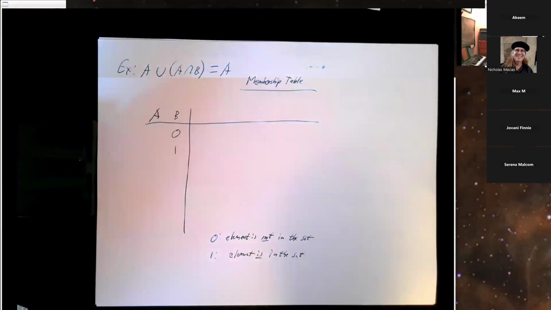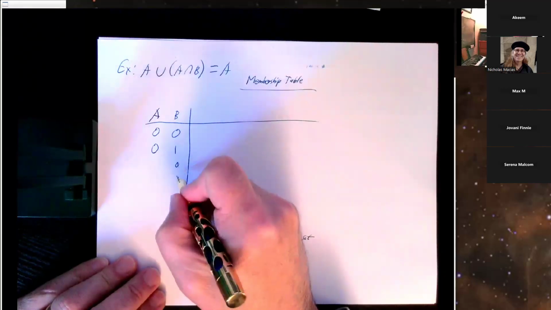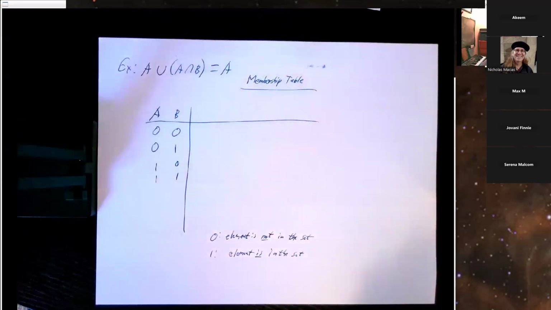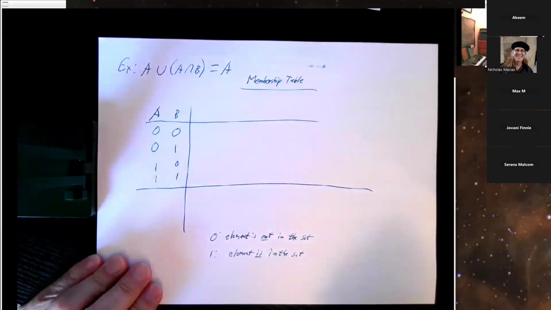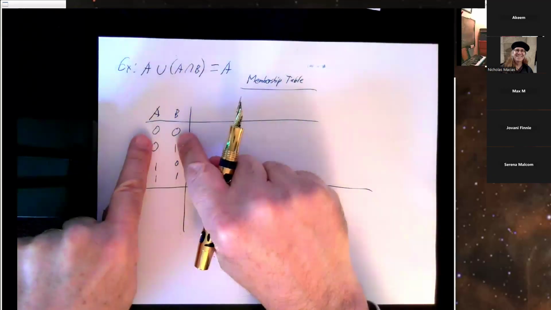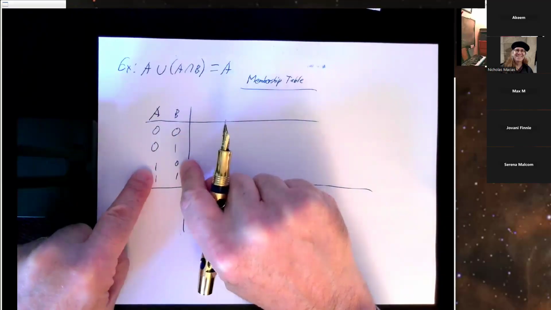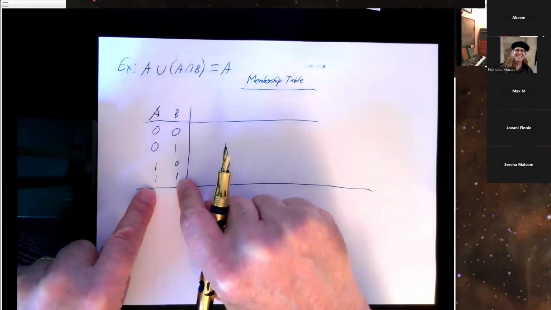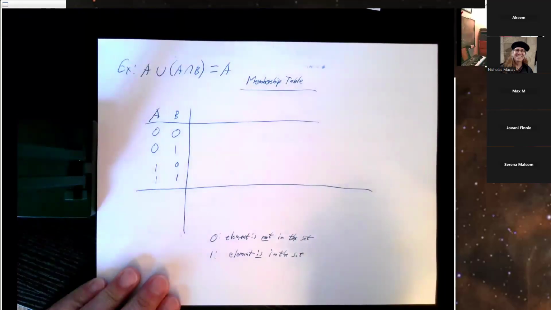And in either case, maybe it also does not belong to A, or maybe it does belong to A. And those are my only four options. Any element I think of in the universe might belong to neither set. It might belong to only B. It might belong to only A, or it might be in both. So one of these four situations applies to whatever element I picked.